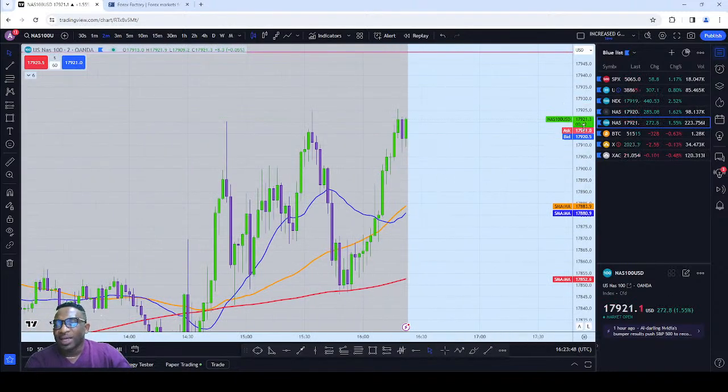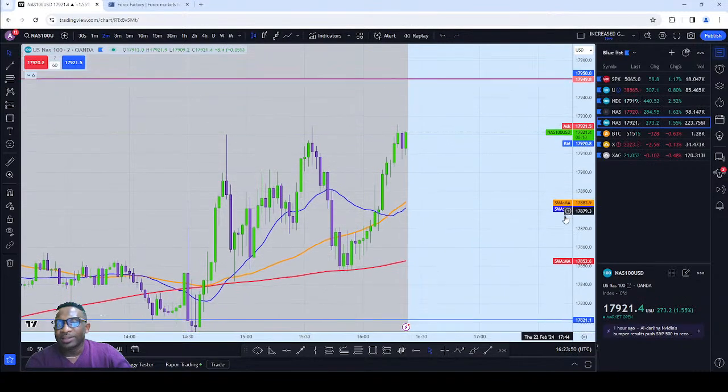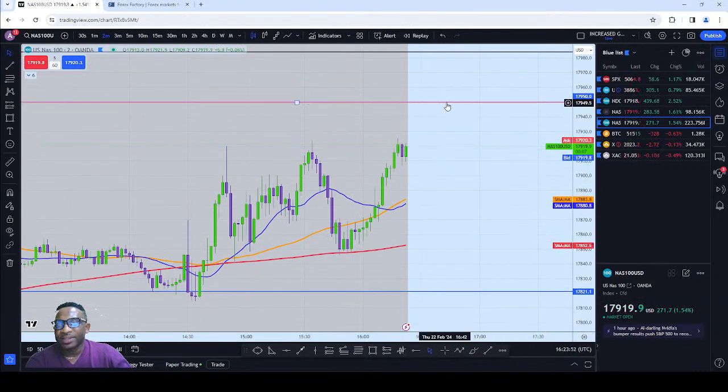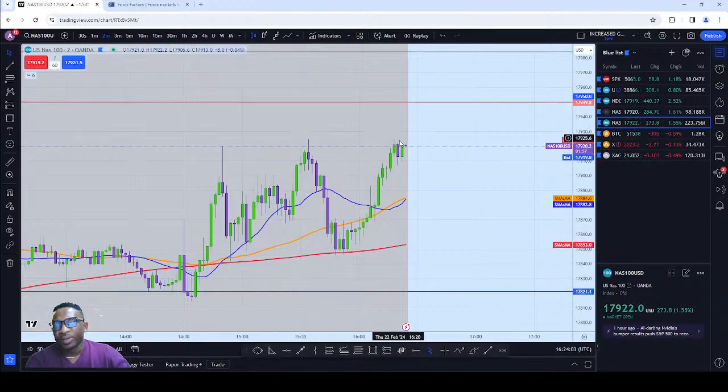But as I said, our anticipation is price hitting this key level, the 17,950 key level. So far it's done more than half of it. The ideal condition was to get it here when it's pulled back to the narrow zone, but as it is here, price is taking out this purple candle.